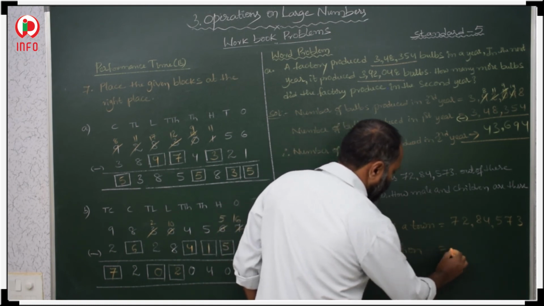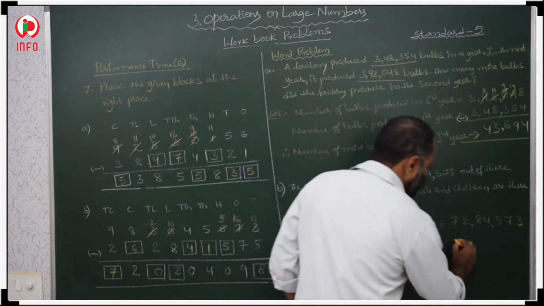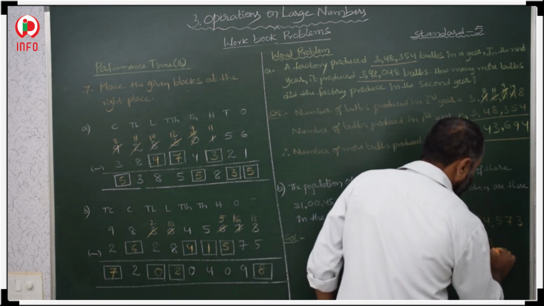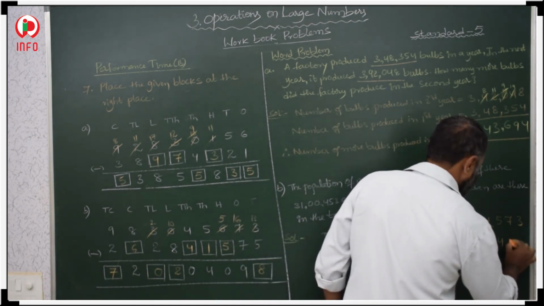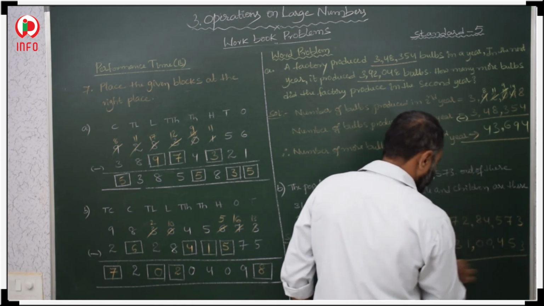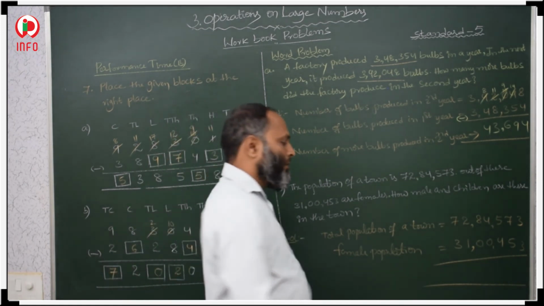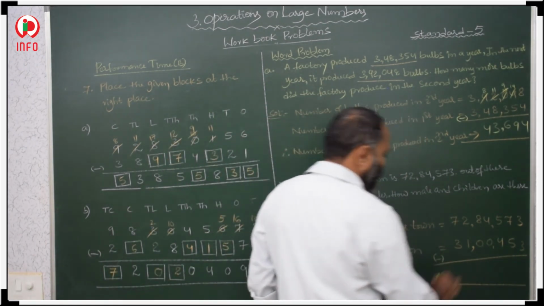Female population: 31 lakhs 453. So then the male and children population.